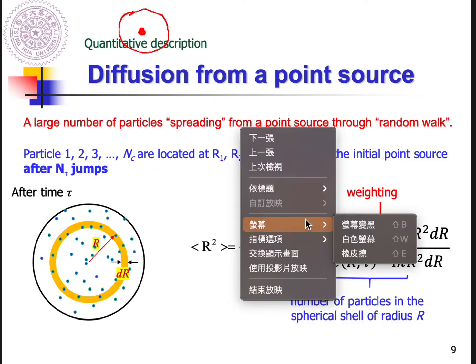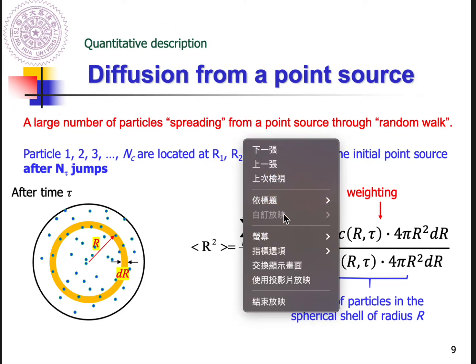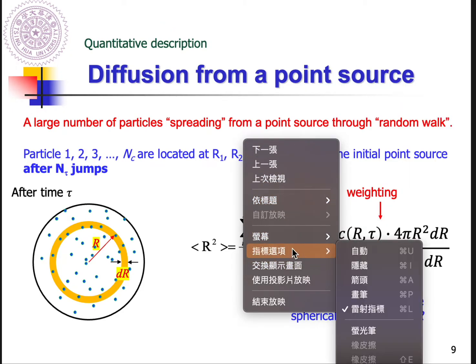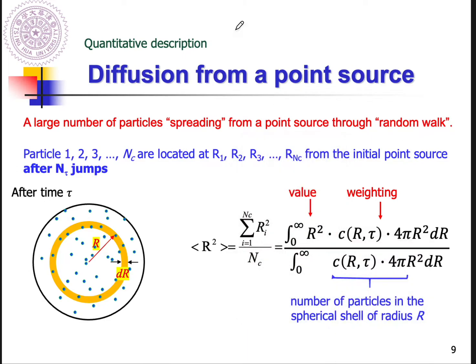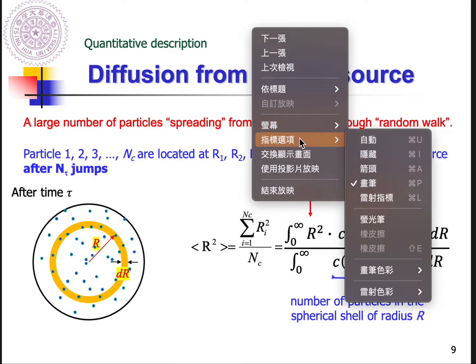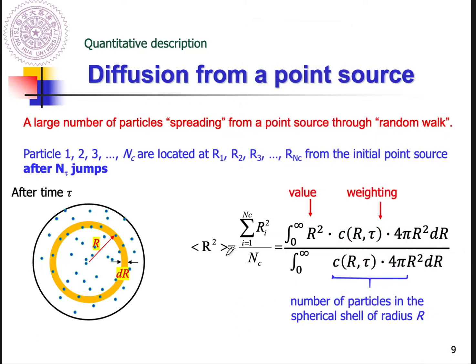For example, this is a center. If I have 3 particles, particle 1, particle 2, and particle 3, how do we get the mean square displacement?